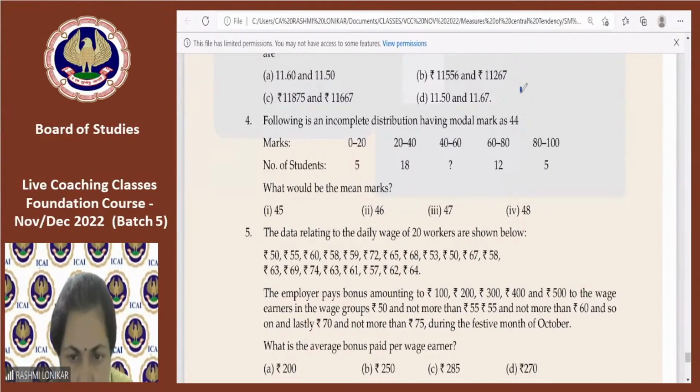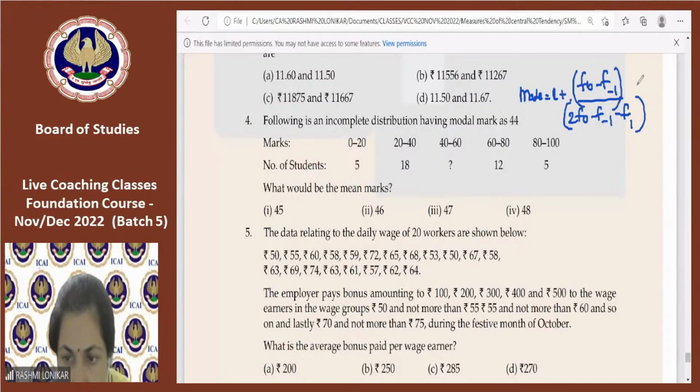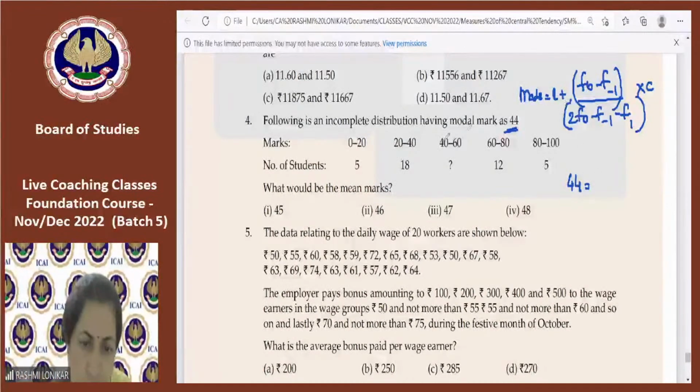Mode is equal to L plus (F0 minus F of minus 1) upon (2 times F0 minus F of minus 1 minus F of 1) into the class width. Now they have already given you that this is 44. L is the lower class boundary of the modal class. So 44 means it is going to lie here. So the lower class boundary is here.